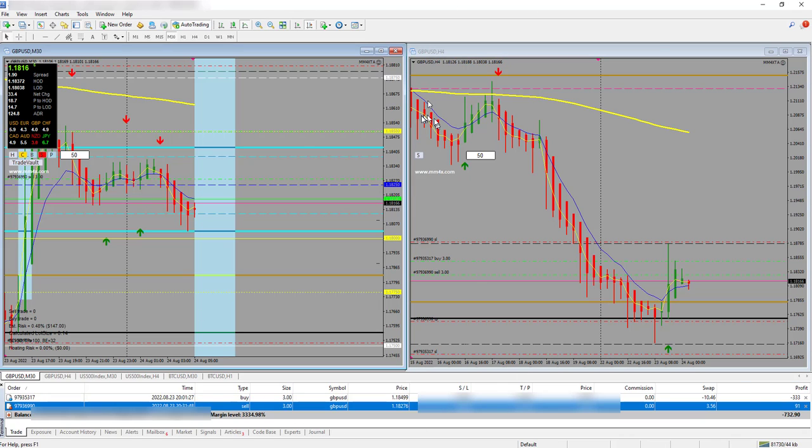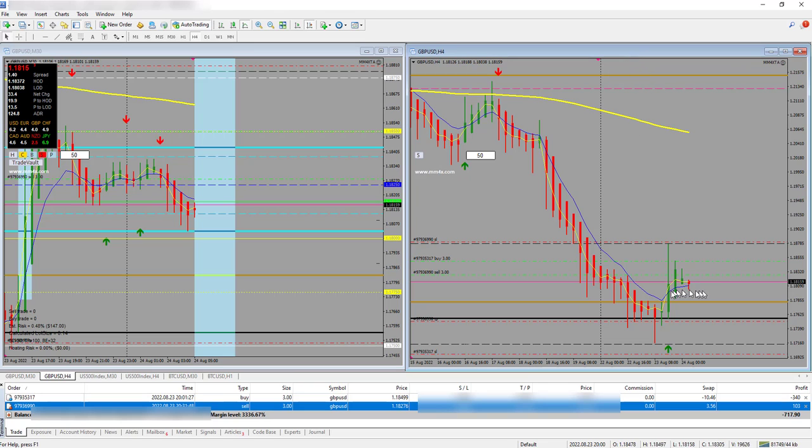Looking at the 4-hour time frame, I can see that the market made a high right here at the top of my right side chart. This is this golden solid horizontal line.